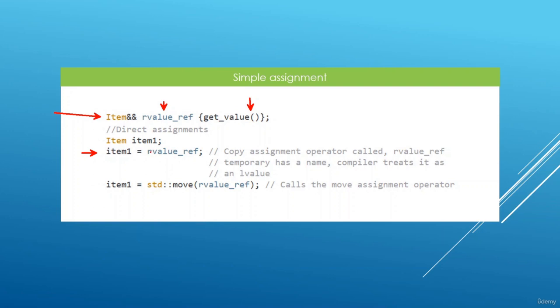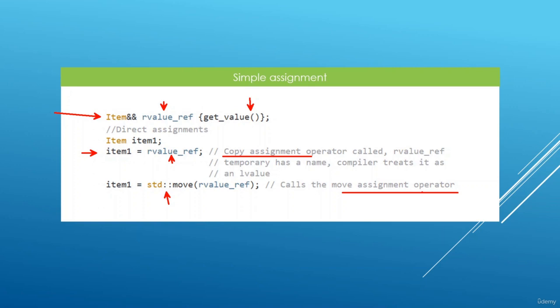But this is going to call the copy assignment operator because this is an L-value, because it has a name. So the compiler is going to treat this as an L-value, and we will see the copy assignment operator called. And this might not be what we want. If you want to get the move assignment operator called, you need to pass this through an std::move call. This is going to call your move assignment operator, and you will see it called.